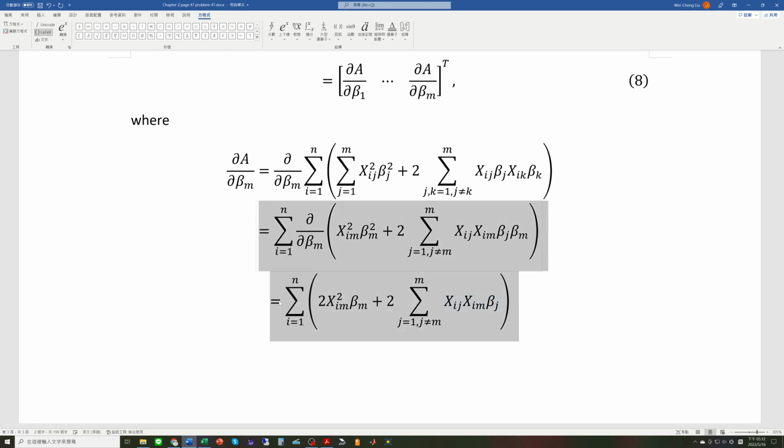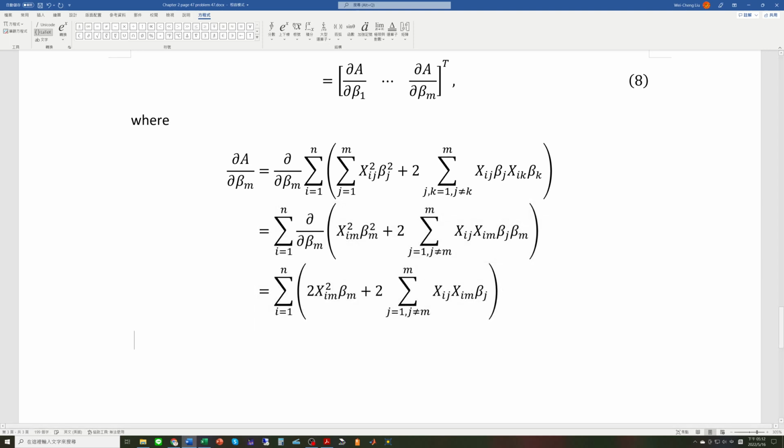Align. So next it is equal to, here is 2, here is 2, so we can move the constant outside of the summation.